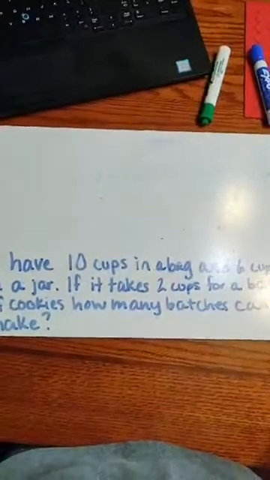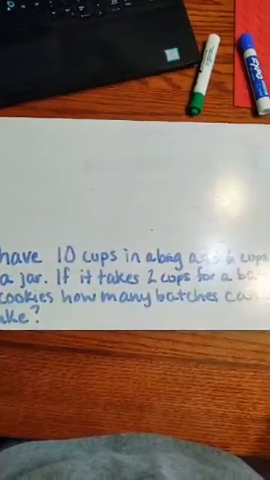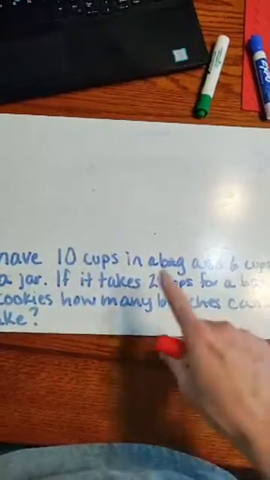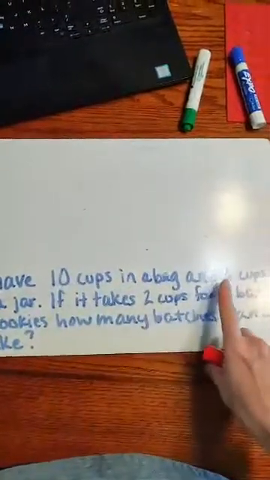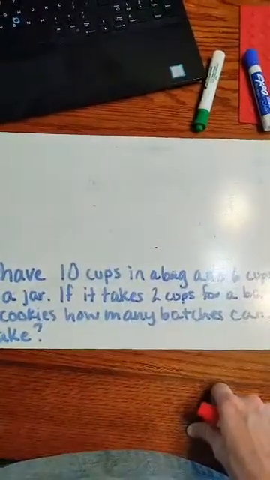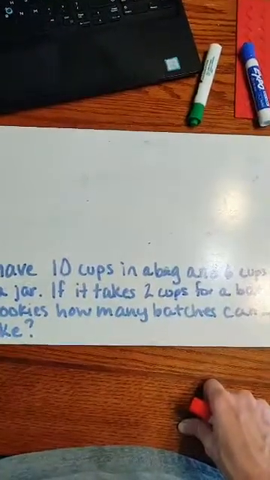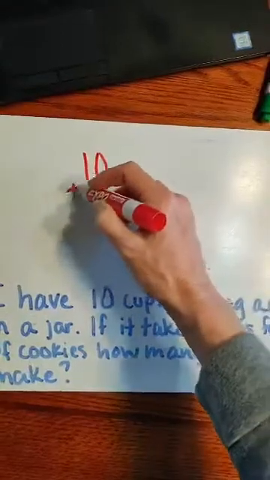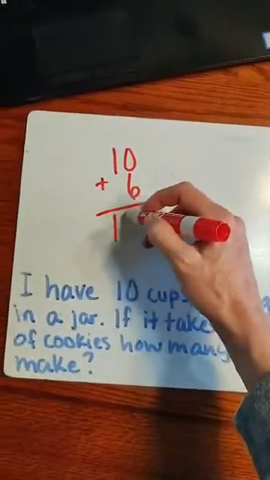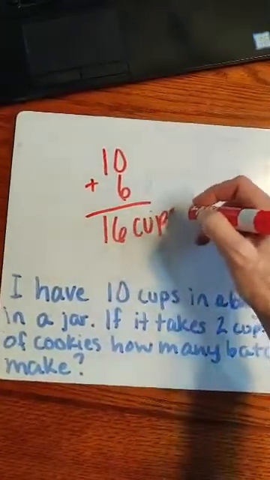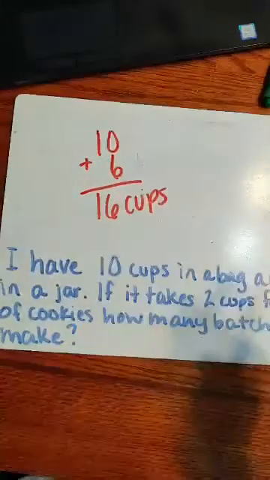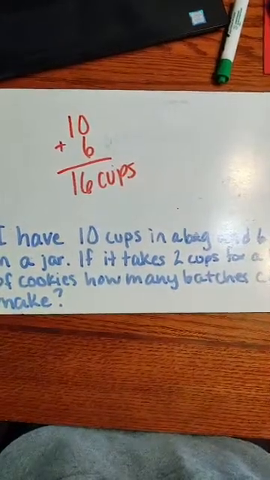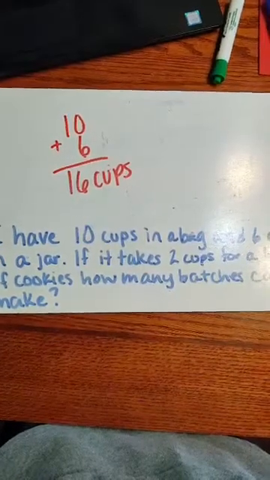The first thing we have to do is find the total number of cups of flour we have, because they give us the information to do that. They tell us we have 10 cups in a bag and 6 cups in a jar. So we can find out how much total flour we have by adding those. 10 cups plus 6 cups, we have 16 cups of flour. So, flour, and each batch is 2 cups.